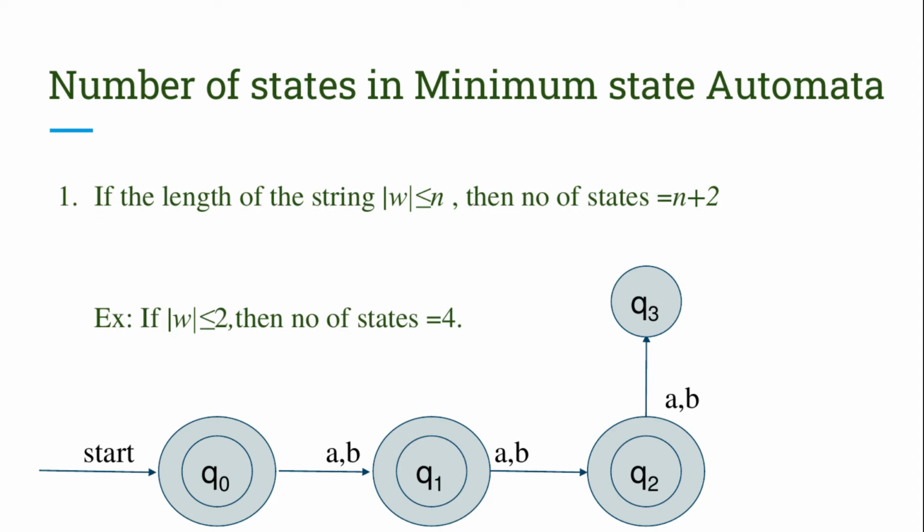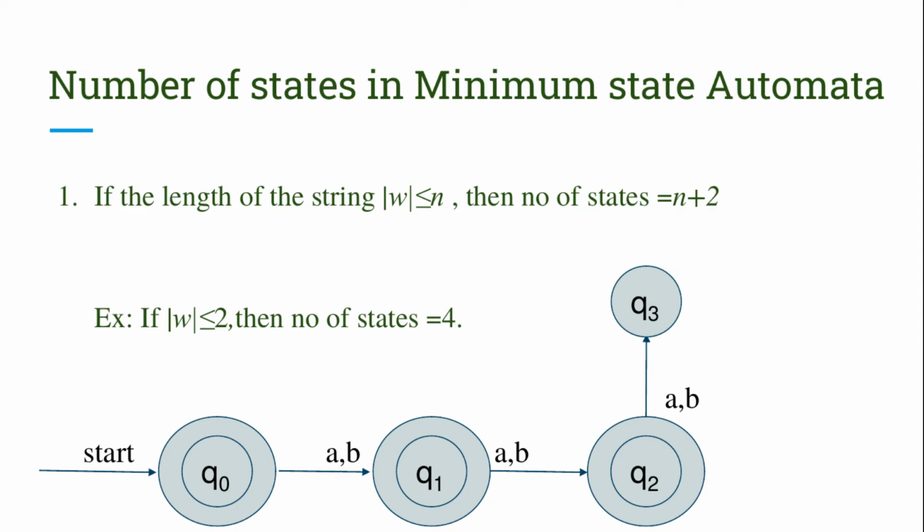Consider the next case in minimum state automata, where the length of the string is less than or equal to n. Then the number of states in minimum state automata equals n plus 2. For example, if the length of the string is less than or equal to 2, then it would accept the empty string, string of length 1 and string of length 2. Hence, the number of final accepting states equals 3.